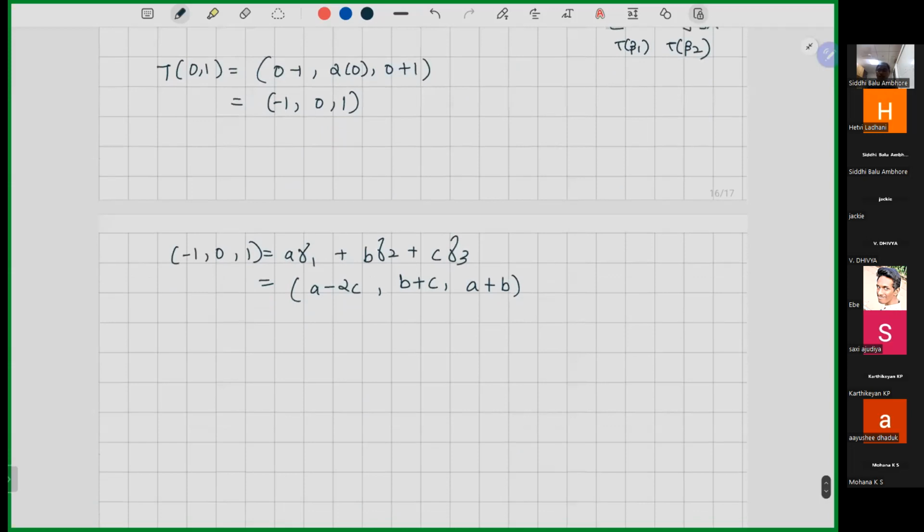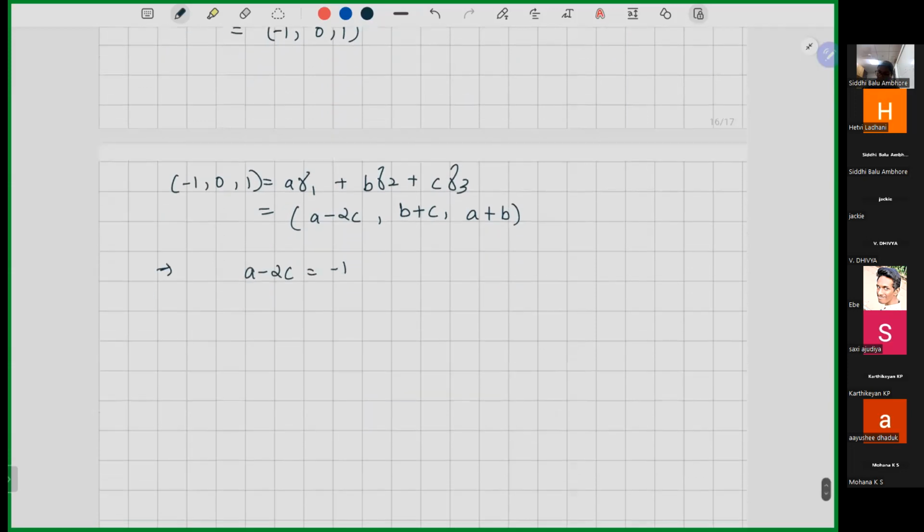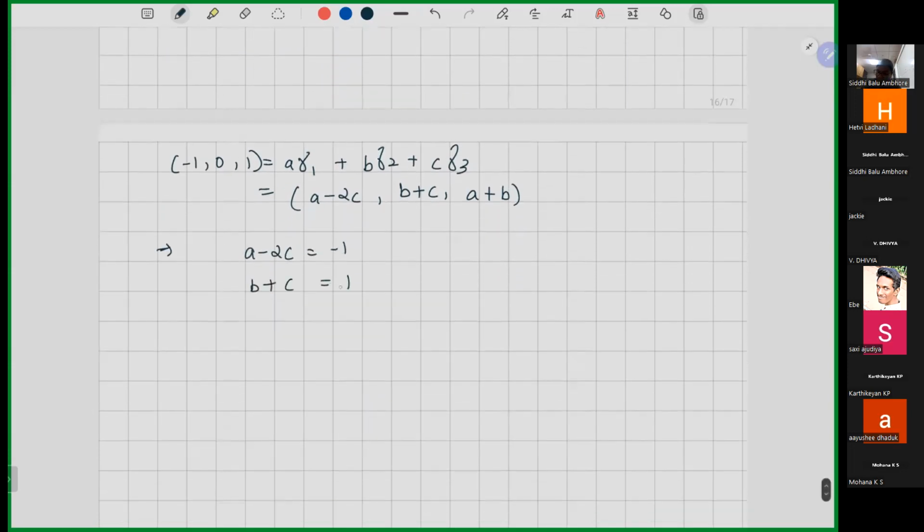You just solve this and you will get this, and corresponding I get A minus 2C to be minus 1, B plus C to be 0, and A plus B to be 1. So from here again, A is equal to minus 1 plus 2C. From here, B is equal to minus C. And from here, what I get?